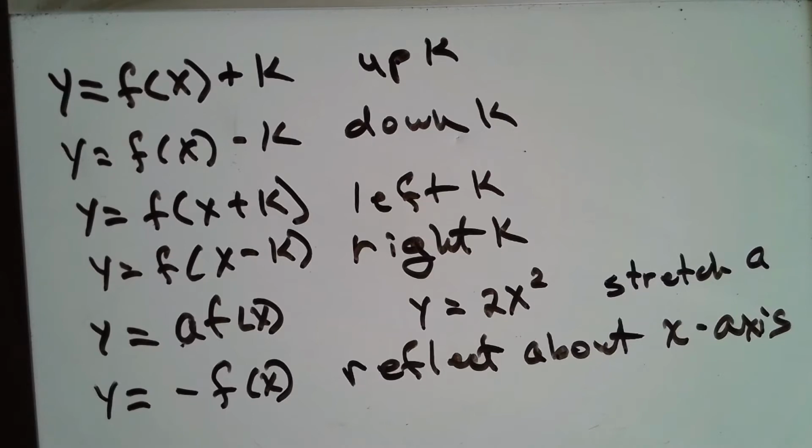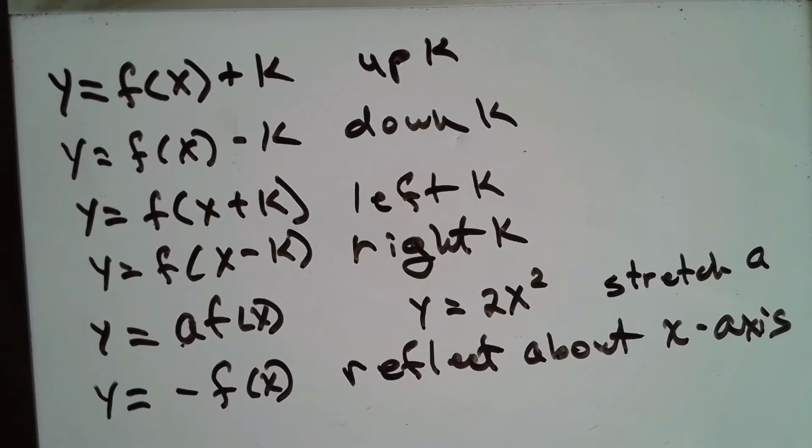Is it a parabola? Is it cubic? Is it a square root? Square root, right? So we can start off by saying, I know that this is a square root, and so y equals the square root of x, and it's going to start off up and to the right.